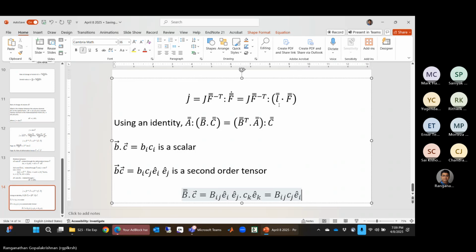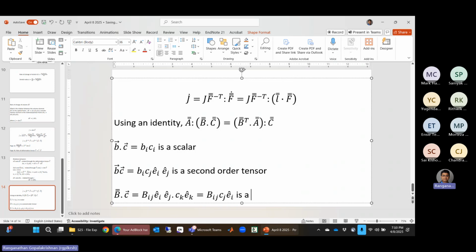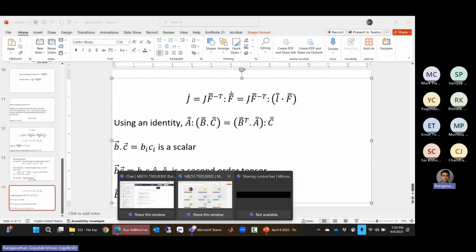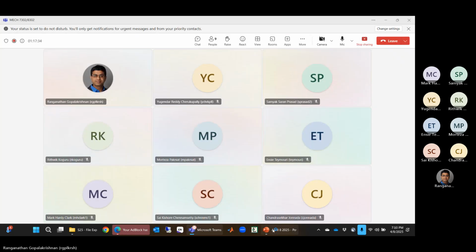What is this quantity? It is a vector. Come on, guys. Are you not speaking because this is an online class, or are you just not seeing this?